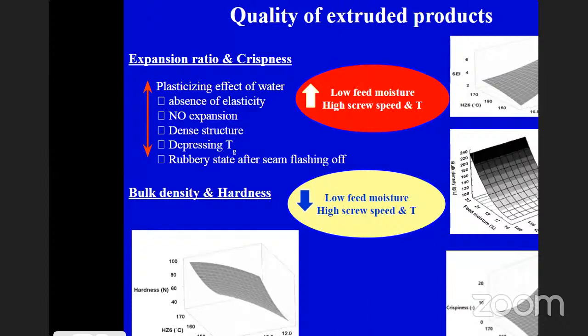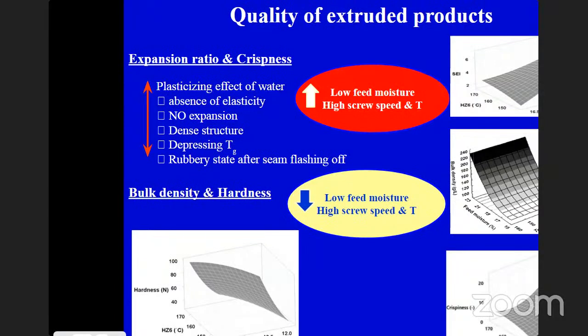Moisture is found to be the most important factor affecting the quality of extruded products, where the expansion ratio and the crispness increase with decreasing moisture content of the raw material, along with high temperature and screw speed.